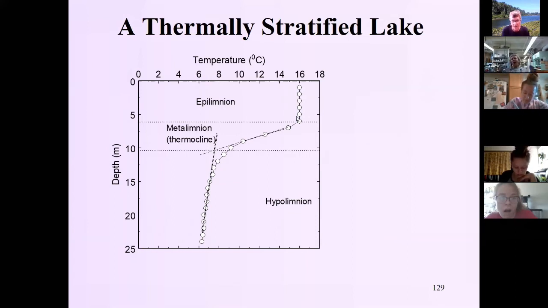Then the metalimnion starts, where you get this rapid temperature decline. The lake that we went to in the first field trip stopped right here at 9.5 meters, and it looked just like this. It didn't get isothermal in the deep. The deepest part of the hypolimnion is down here, and it's relatively colder than the upper part.